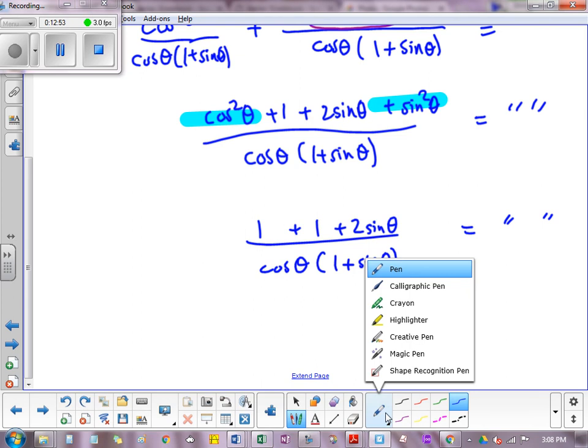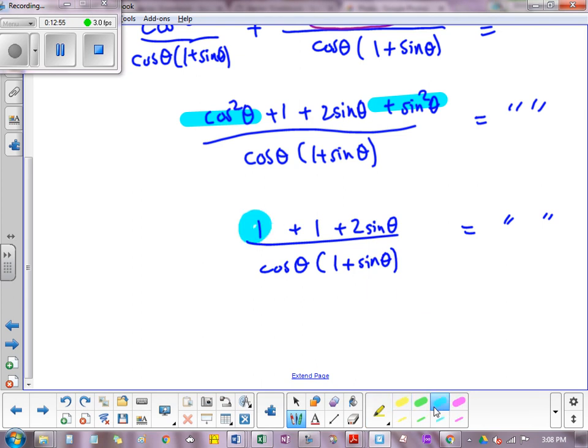And the one that I just wrote right here comes from the cosine squared plus sine squared that I highlighted in light blue up above. All right, and now we can see that this is 2 plus 2 sine theta.